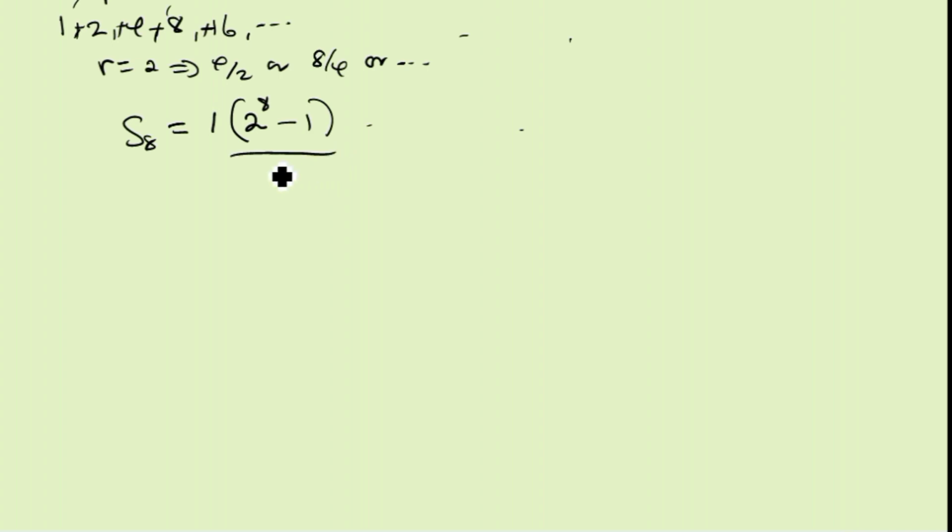The value of r here is 2, that is, r is the ratio between two successive members of the series, so the sum of the first 8 terms of this series is given by a, which is always the first term, 1, multiplied by the common ratio, which is 2 power n, where n is the number of terms, which is 8, subtract 1, divided by 2 minus 1. This simplifies to 1 into 256 minus 1 divided by 1, which is 255.